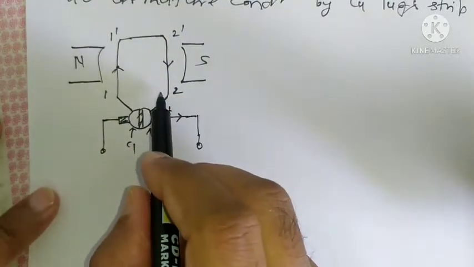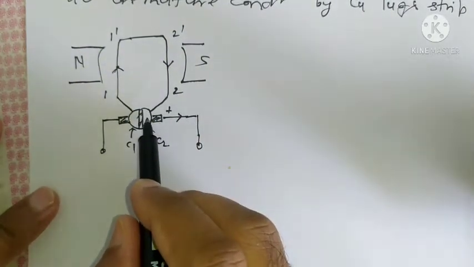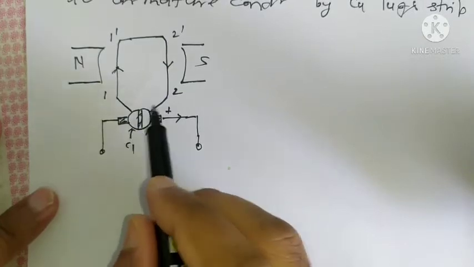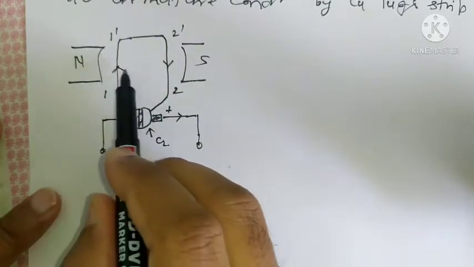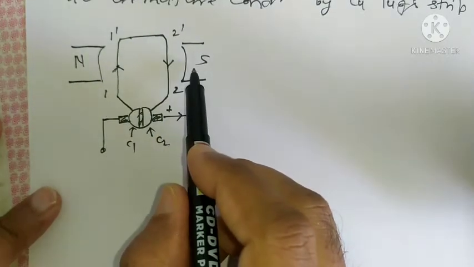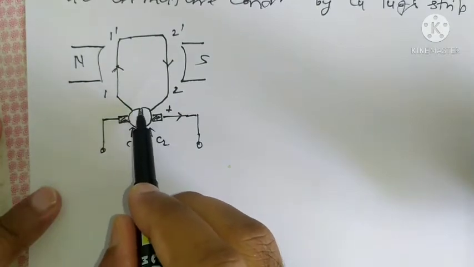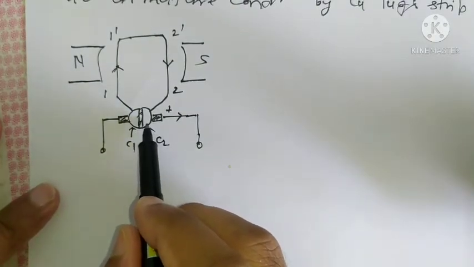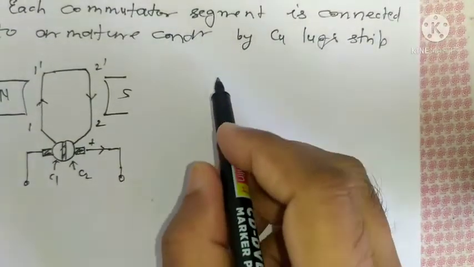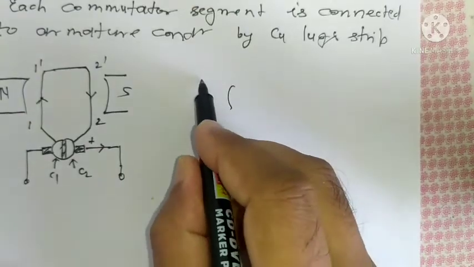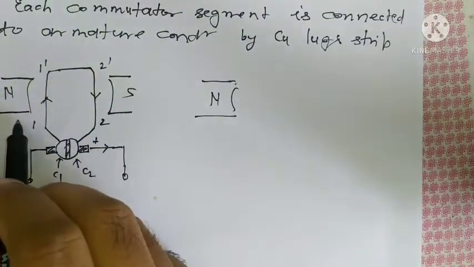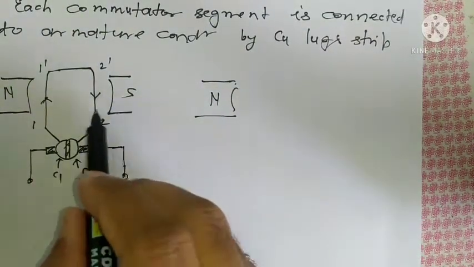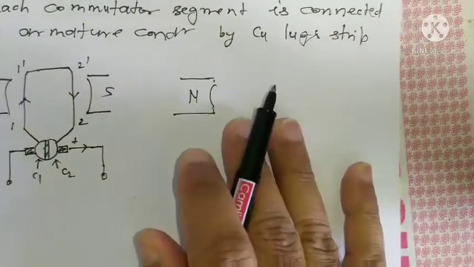At any given position, now if this coil is rotated along with the commutator by 180 degrees, what will happen? This portion will come under the north pole and this portion will come under the south pole. At the same time, the commutator will also shift by 180 degrees. C2 will come here and C1 will come here. So let me show you. This is the north pole. These are the field windings, field poles. They are not rotating; they are stationary.